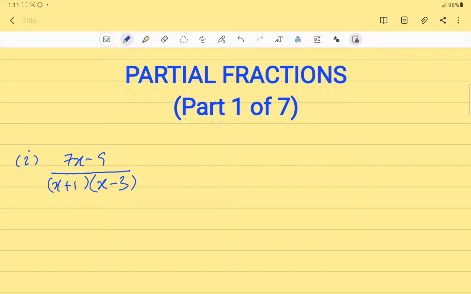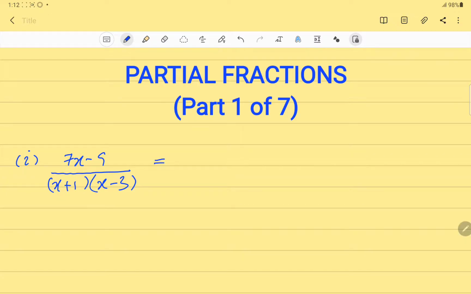In this case, the degree of x in the numerator is 1 and it will be 2 in the denominator when both the factors are multiplied. So it is already in the required format, and we can straight away go ahead with writing the partial fraction.